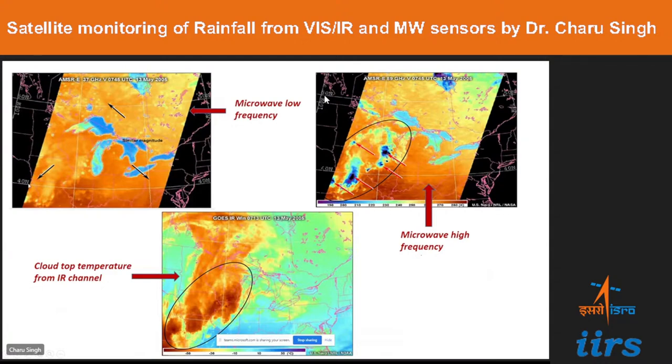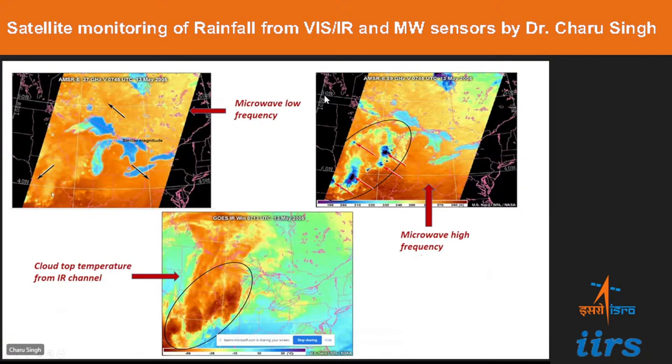Here we are using the microwave low frequency channel. These low frequency channels, like 19 gigahertz or 22 gigahertz, are more sensitive to the water content in the cloud. But in this case, the ice crystals are available, so we can see the depression in the image. At the same time, there is an enhancement in the radiation recorded by the satellite sensor because the water content is also available.